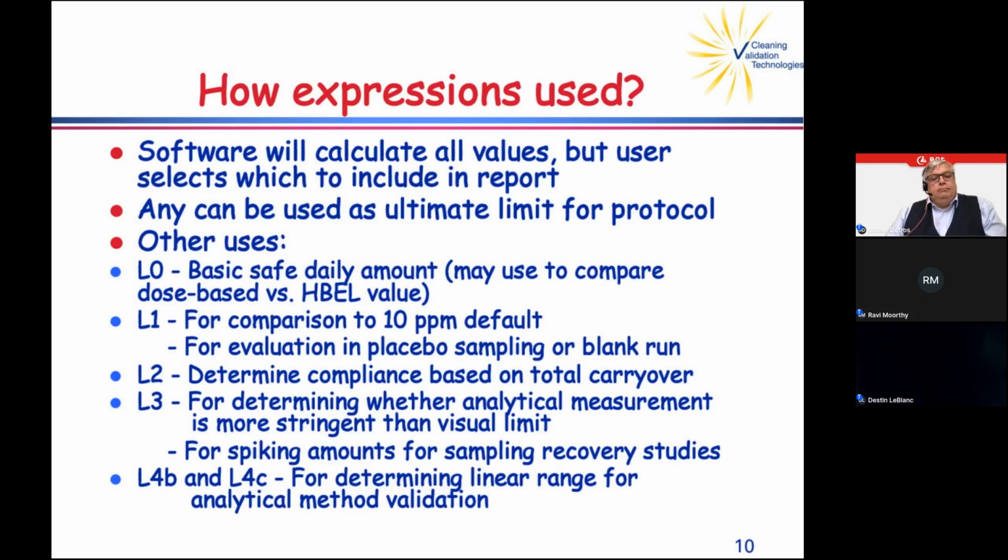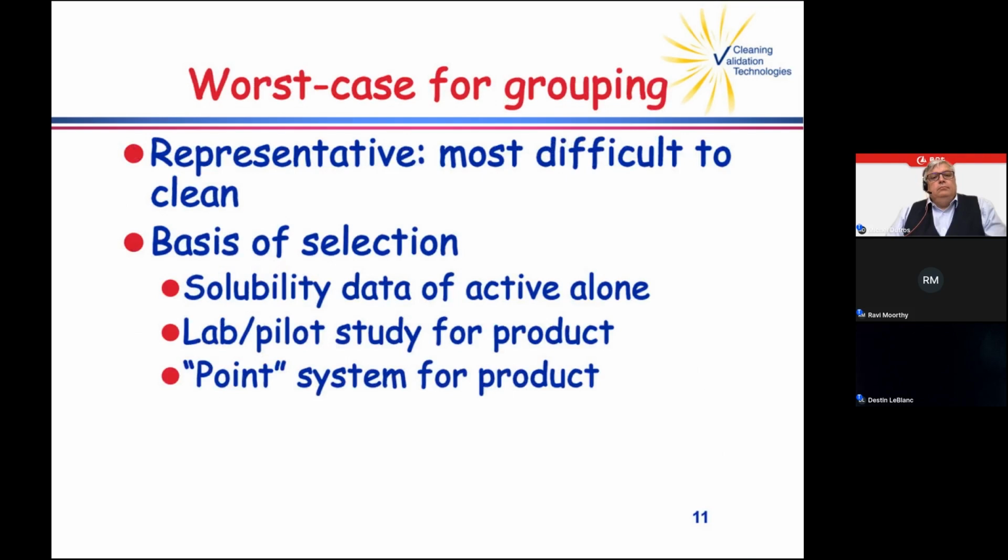Now, I'm going to switch gears slightly, so next slide, and talk a little bit about another feature of the software, and that is to help you do grouping. Ordinarily, when you do grouping, and we're going to talk about grouping for different products, what you're trying to do is simplify validation by saying, I'm going to look at all the products that are made on this particular piece of equipment, and I want to pick the representative product.